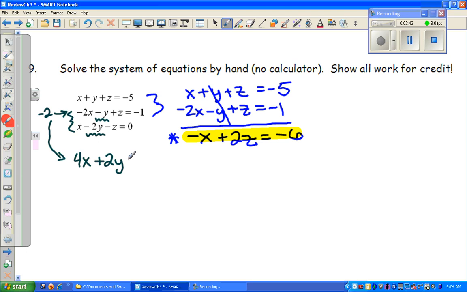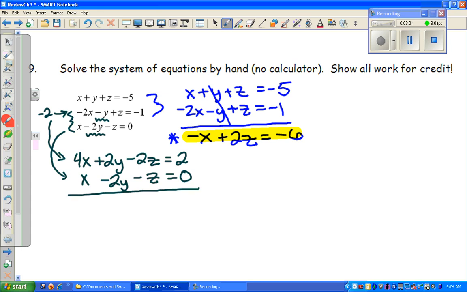Negative 2 times z, negative 2z equals, and then negative 2 times negative 1 is positive 2. Then I'm going to copy that bottom equation just below there as is. x minus 2y minus z equals 0. And now the y's are ready to cancel.